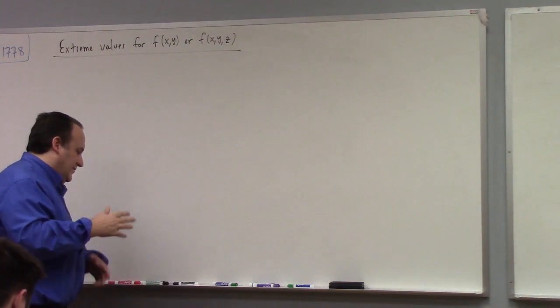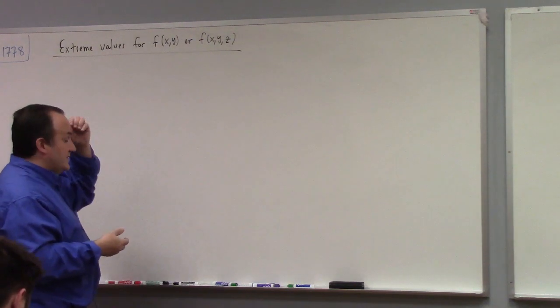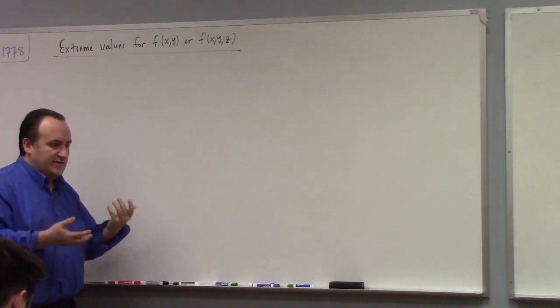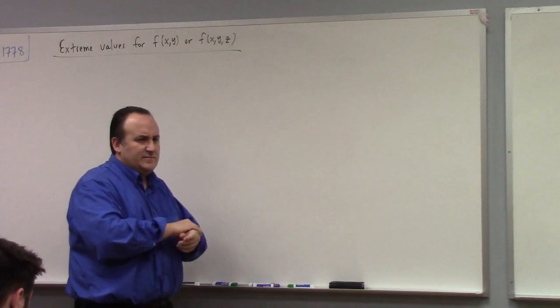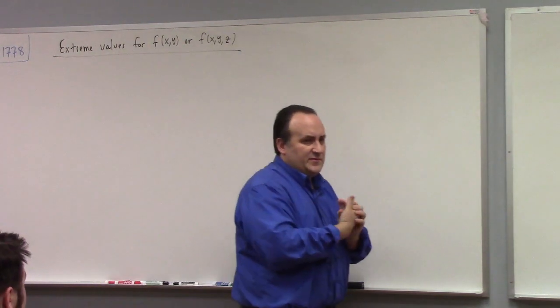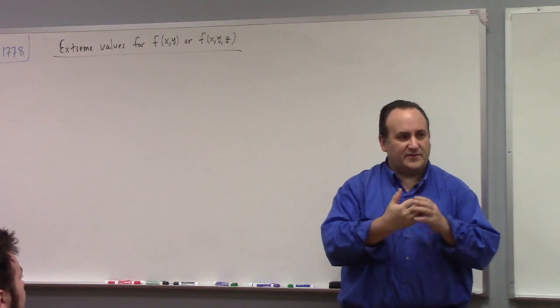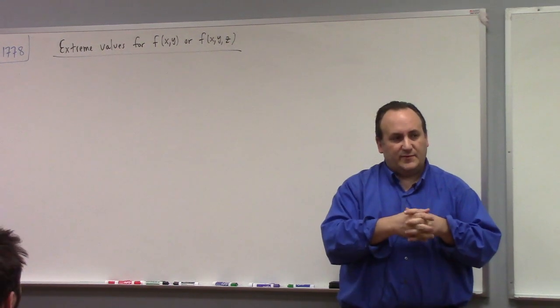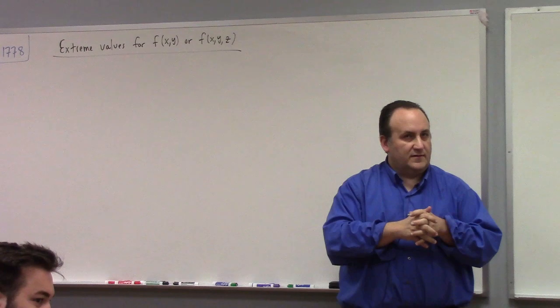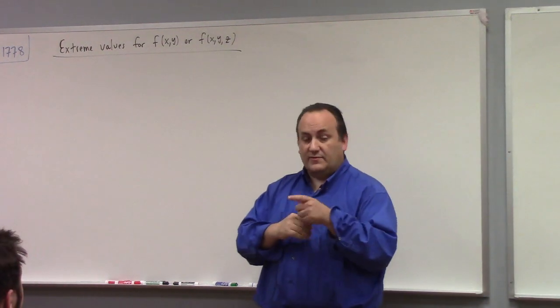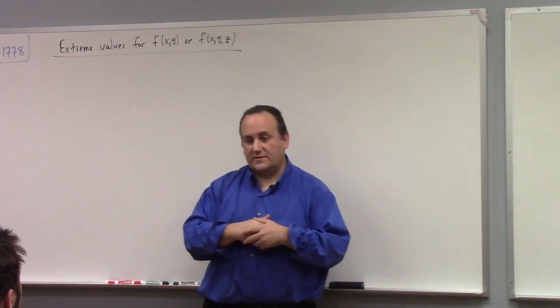And I will give you this preview before I get into this, which is just that for the local max and local min, it's very much like calculus 1. You remember Fermat's theorem? What did Fermat's theorem say? If there is a local max or local min, if there's a local extreme, that has to be where what? Yeah, where the derivative is 0 or undefined.